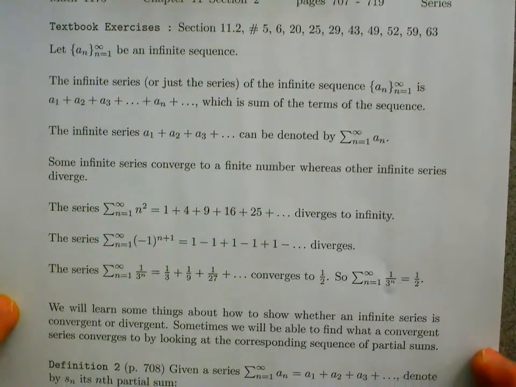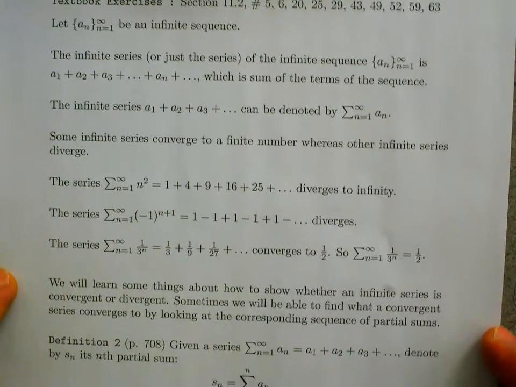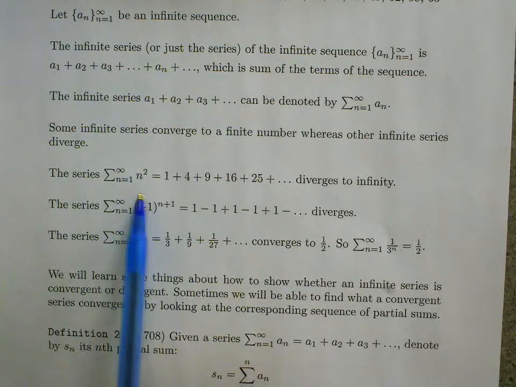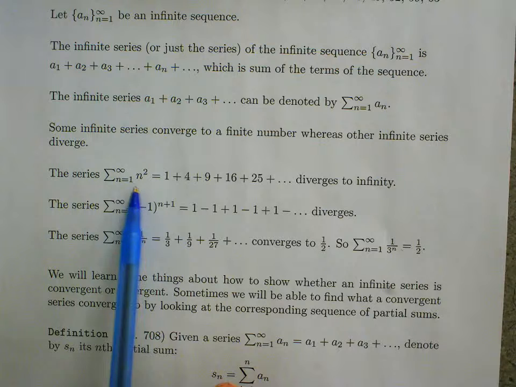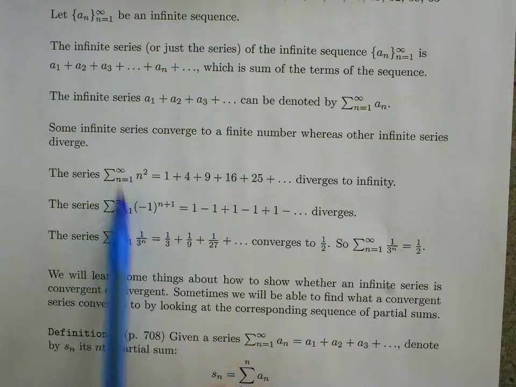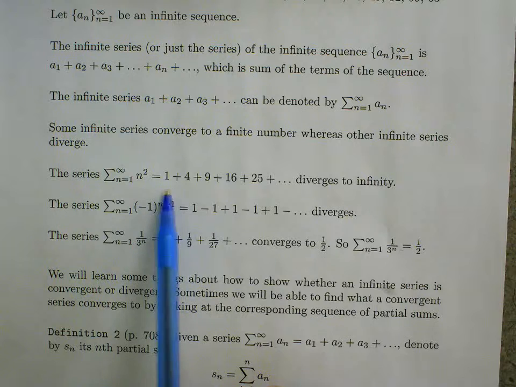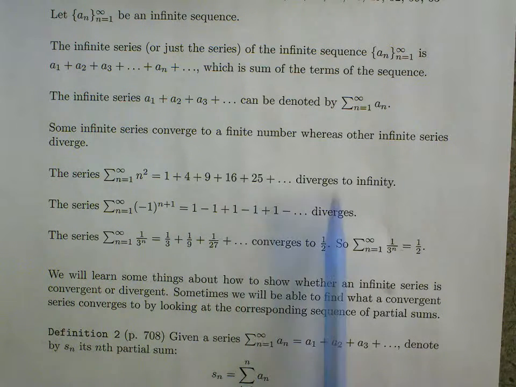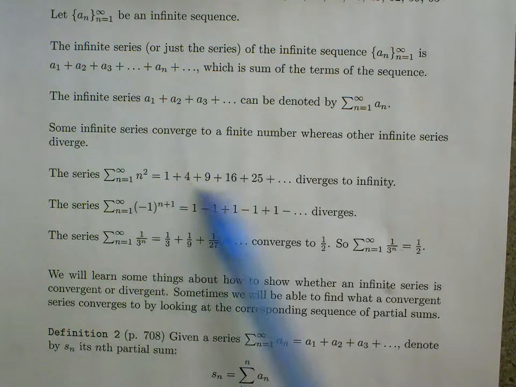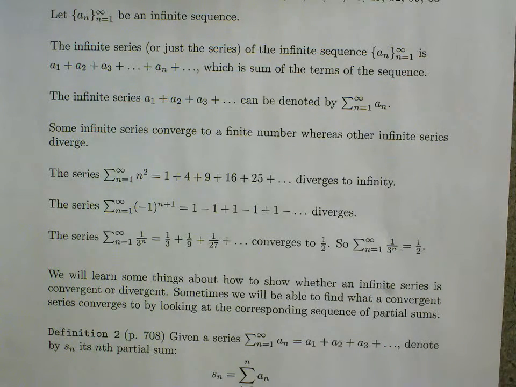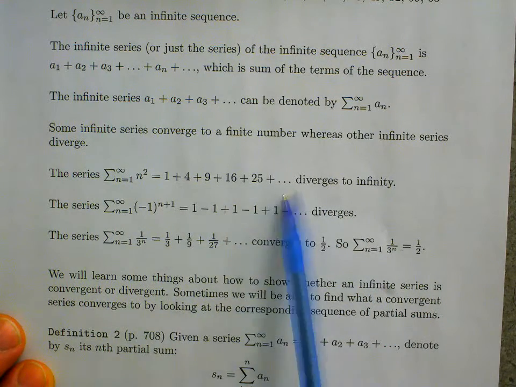So we'll look at some examples here. The series of the terms n squared, where n ranges from 1 to infinity, we're just adding 1 plus 4 plus 9 plus 16 plus 25 and so on. It's pretty evident that if you keep going, you're going to head off towards infinity. So this series diverges to infinity.